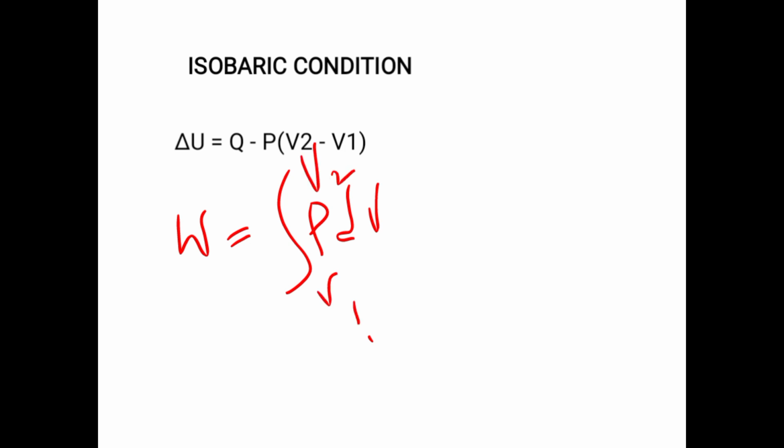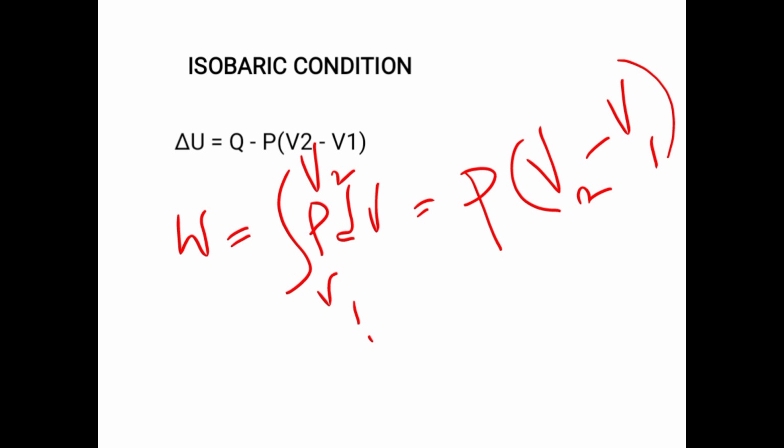Now, in isobaric condition, remember I said earlier that the work done is the integral of P dV from V1 to V2. If pressure is constant, I don't want to go through the processes on how that is gotten. But if pressure is constant and you know your integration, it means that P, which is constant, times the integral of dV will give us V2 minus V1.